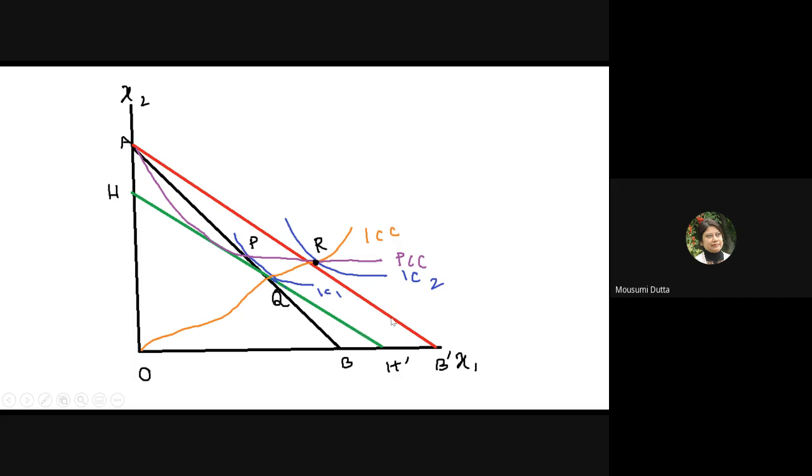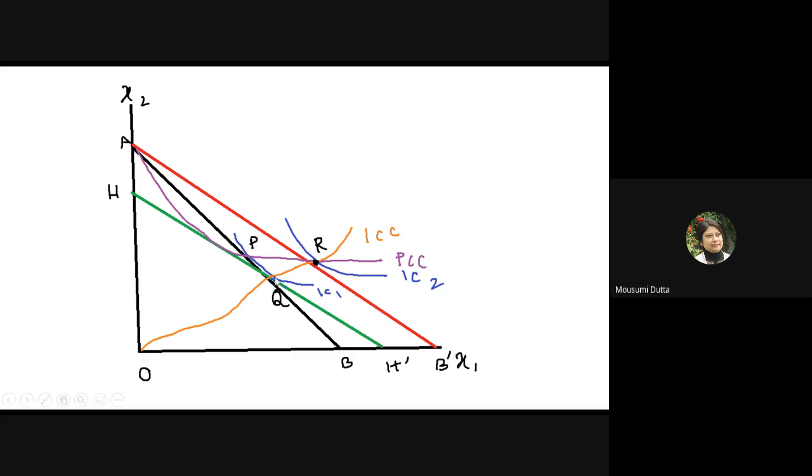And we are getting these two different budget lines because of difference in income. OH is lesser compared to OA. Actually, we are cutting down income in such a way that the consumer can consume along the initial indifference curve. HH prime and AB prime are parallel lines indicating the same relative prices. However, income levels are different.